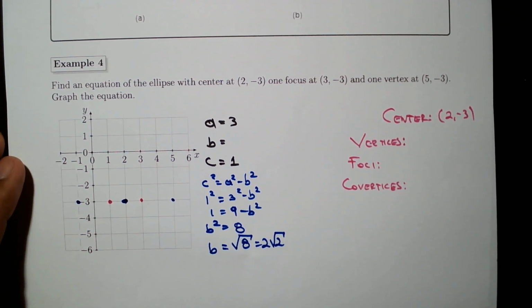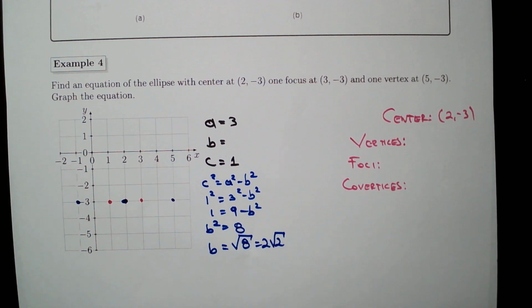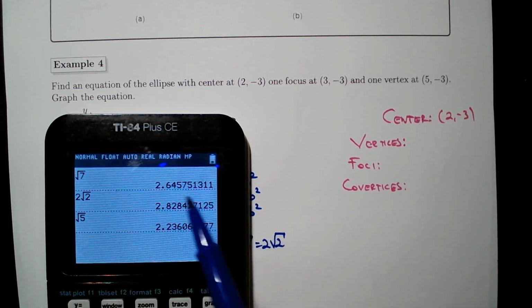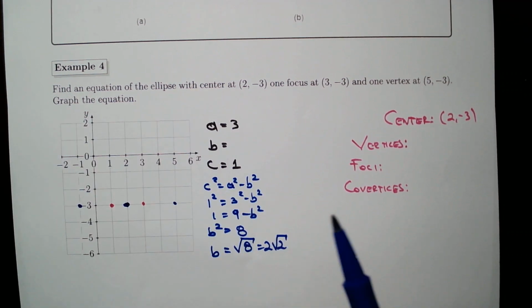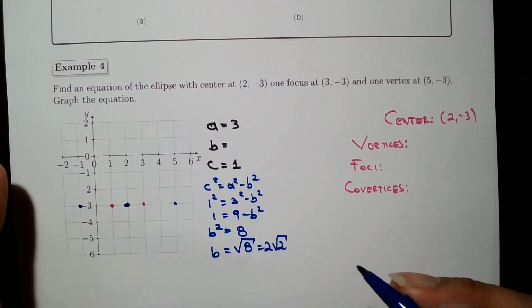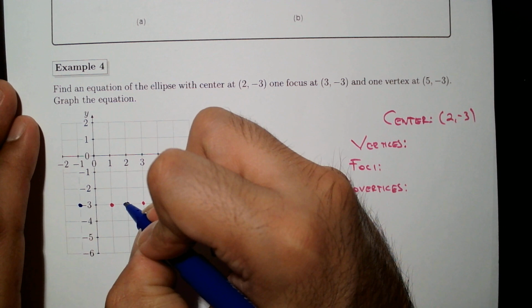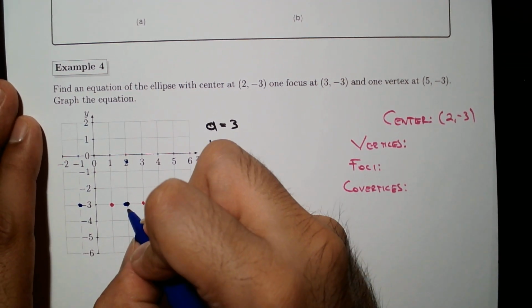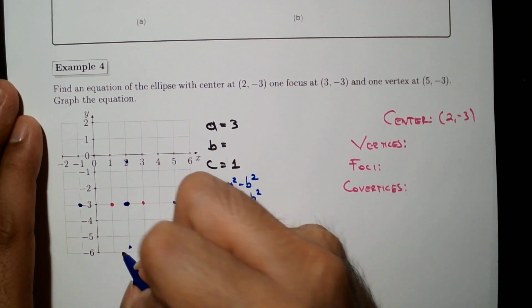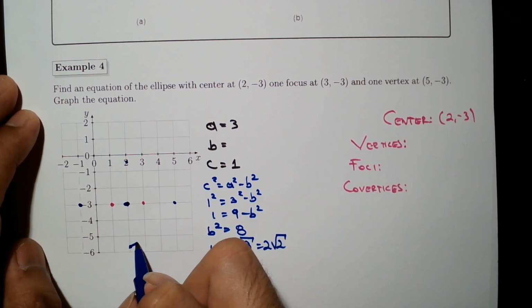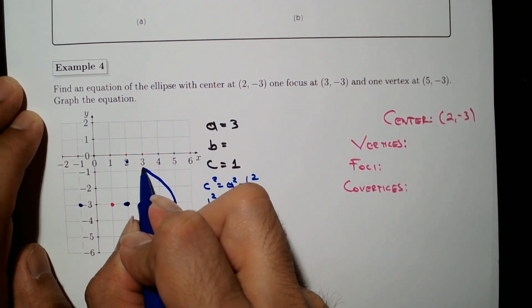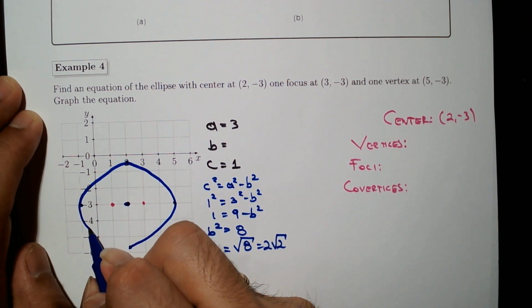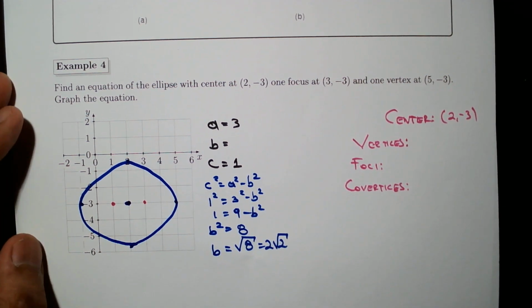On the calculator, it's 2.8 units. Almost 3 units, but not quite. So I'm going to go 2.8 units. It's almost a circle, this one, but not quite a circle. It's still an ellipse.